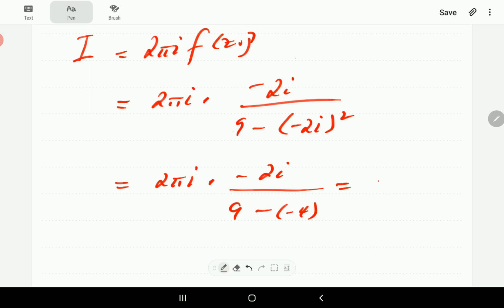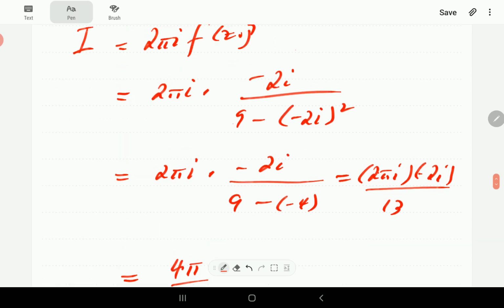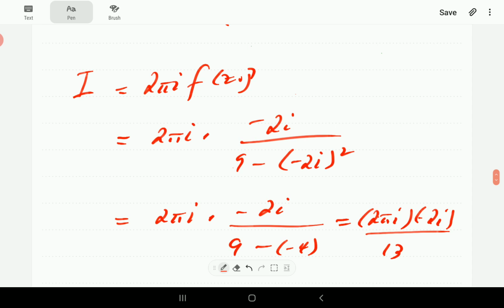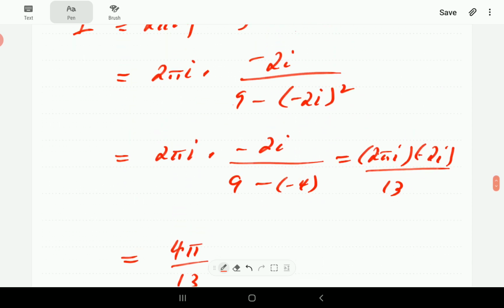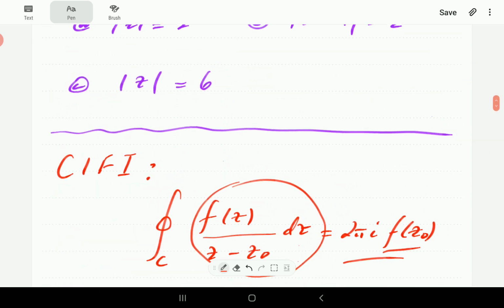So it's going to be 2 pi i times negative 2i over 13. The i's are going to combine, so this is going to be 4 pi over 13. That's going to be the value of that integral along that contour. So that sorts out number 1b.